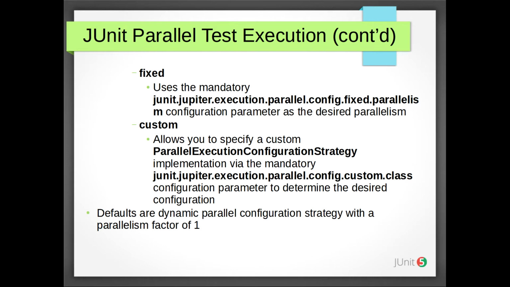And of course, you must use the fully qualified class name for your implementation. So I'm going to give you about 30 seconds to write out these two things: parallel execution configuration strategy and junit.jupiter.execution.parallel.config.custom.class.